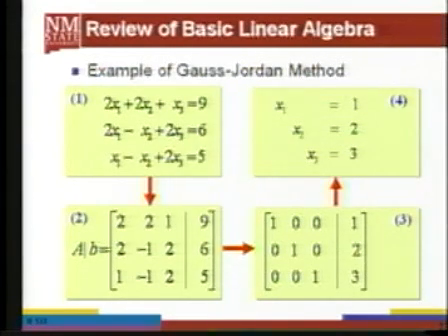So system number 4 has the unique solution, which is x1 equals 1, x2 equals 2, and x3 equals 3. And because the linear system number 4 was obtained from the original matrix, which is expression 2, by a sequence of elementary row operations, we know that both expressions 1 and 4 are equivalent linear systems.